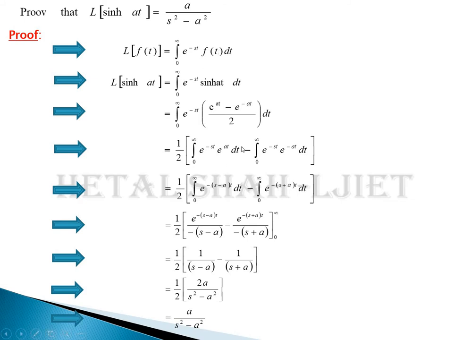As we already proved for e raised to minus at, that is 1 upon s plus a in our previous slide, and I told you that for e raised to plus at we get 1 upon s minus a, and this is the final answer. Similarly you can do for cos hyperbolic at, and that is s upon s square minus a square.